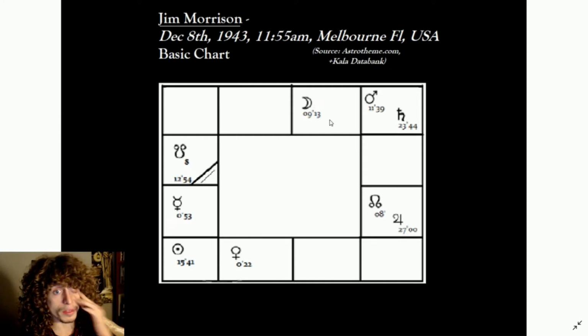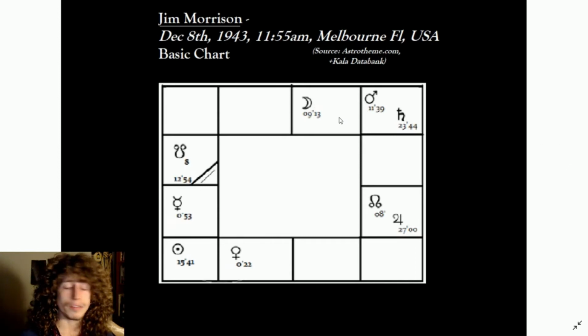The 4th house and the 5th house have a huge emphasis on Jim Morrison's life. And what I'm trying to describe is how the 10th house, the 4th house, and the 5th house of Jim Morrison relate very strongly.